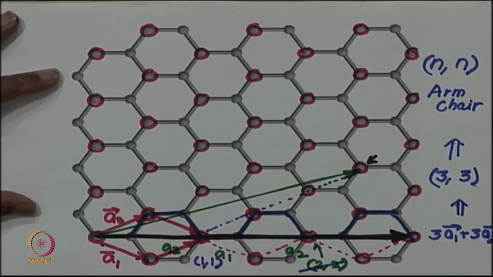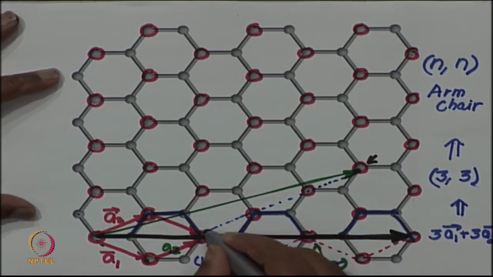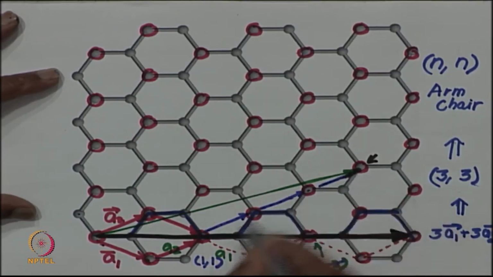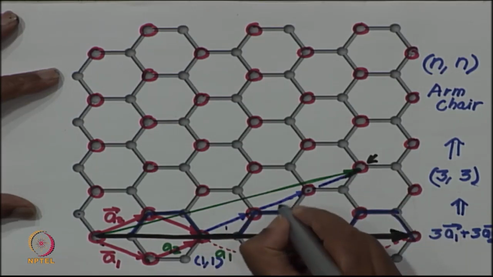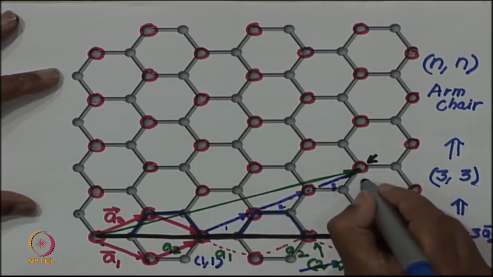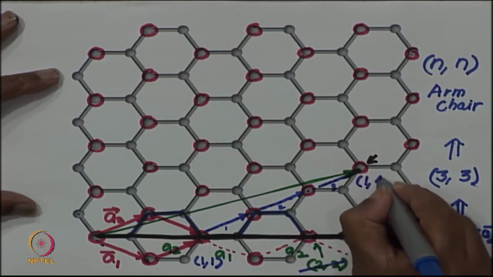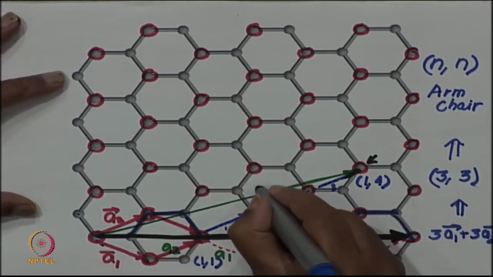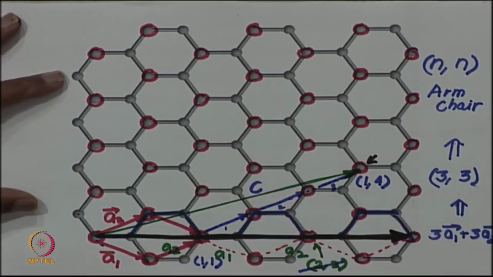So, here I have already come to 1 1, and then I keep going in the 2 direction by 1, 2 and 3 steps. So, 3 extra steps in the 2 direction, which means this location is a 1 4 location. This vector which I have drawn as my chiral vector C is 1 times A1 and 4 times A2.